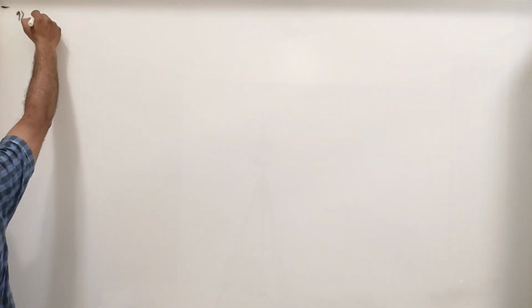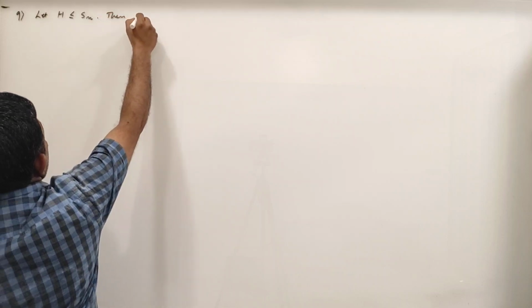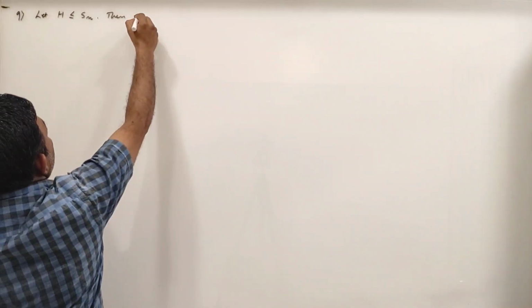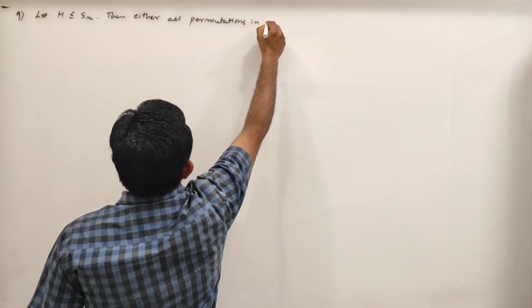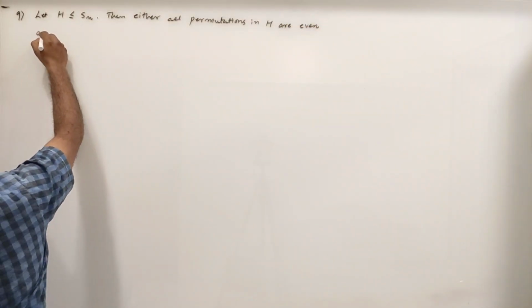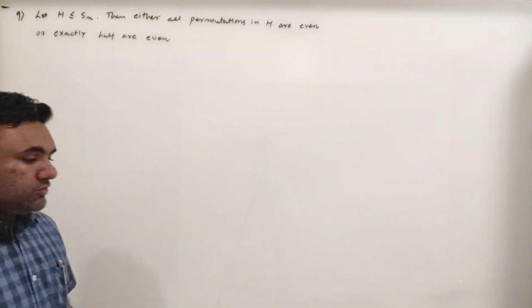Number 9: let H be any subgroup of Sn, then H contains either all permutations in H are even or exactly half are even. So this is one result.